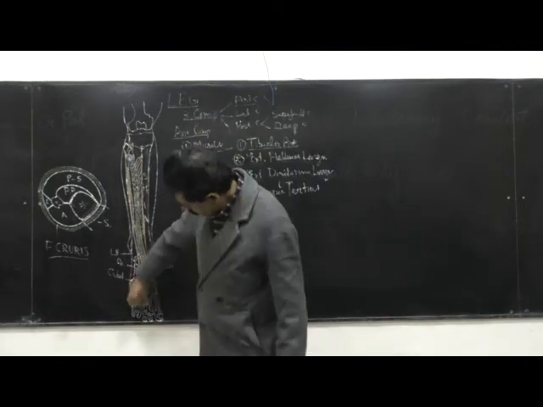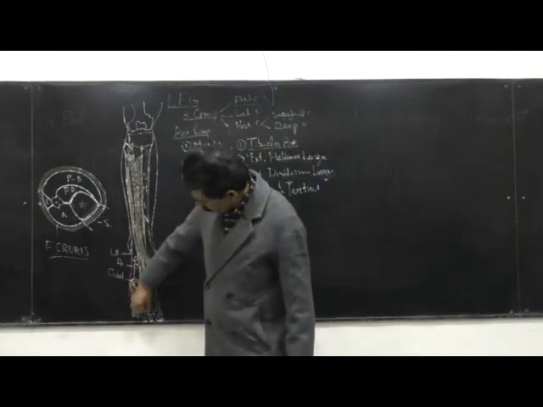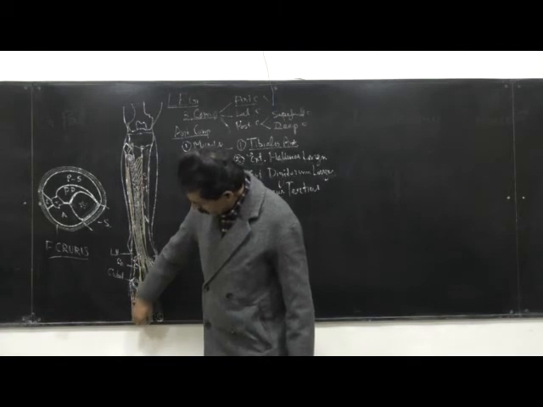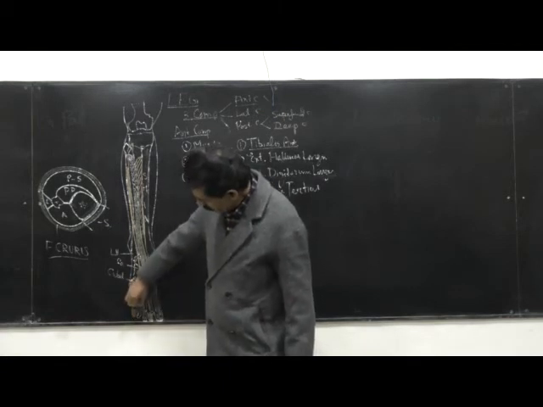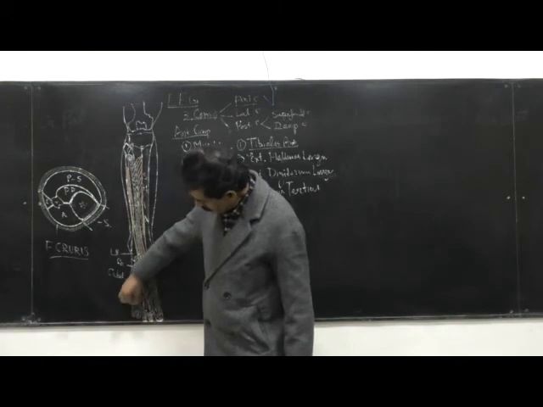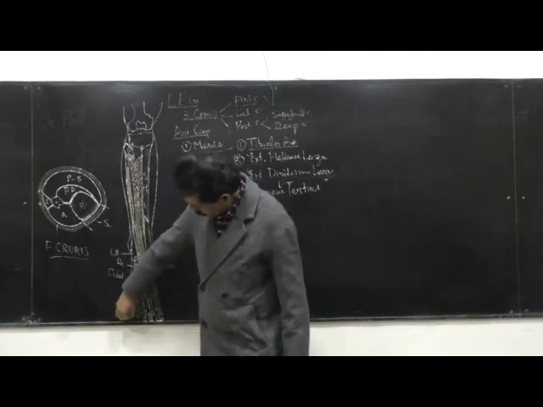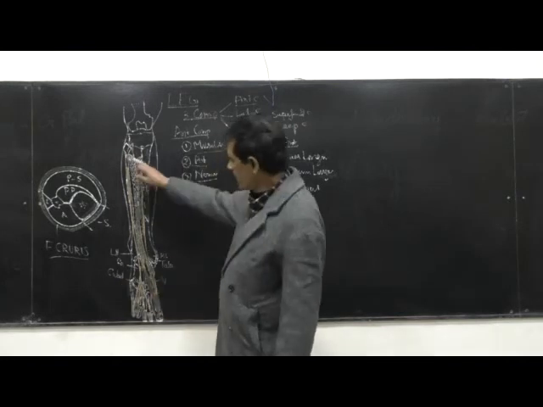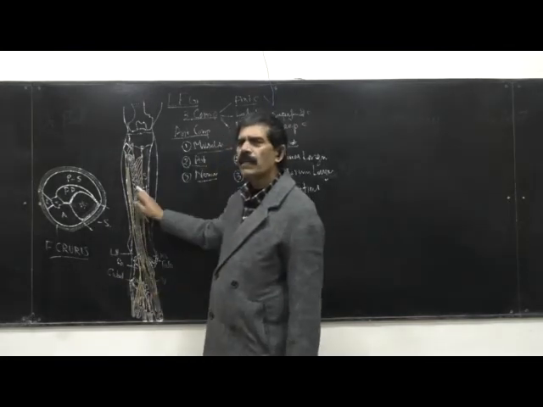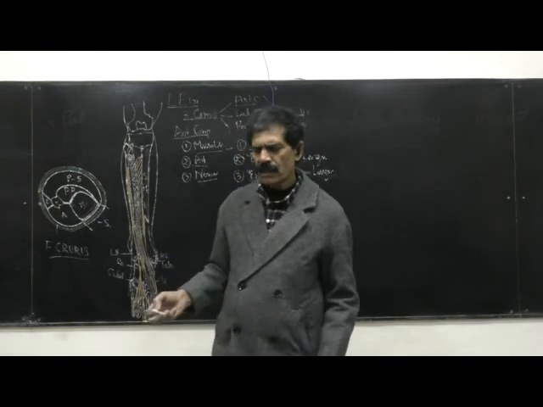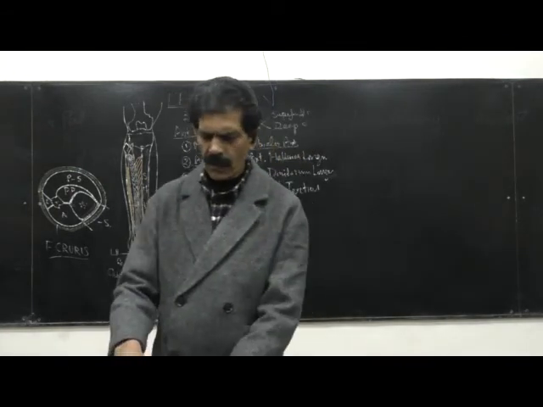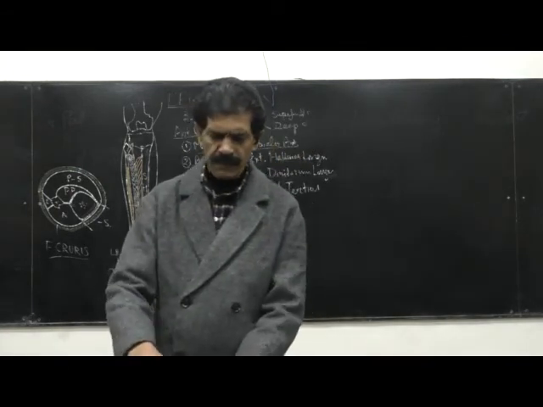And in every finger, it will be inserted on the dorsal surface of the distal phalanx, the terminal phalanx. So this is the fate of the extensor digitorum longus muscle. It is inserted on all digits on its terminal phalanx.